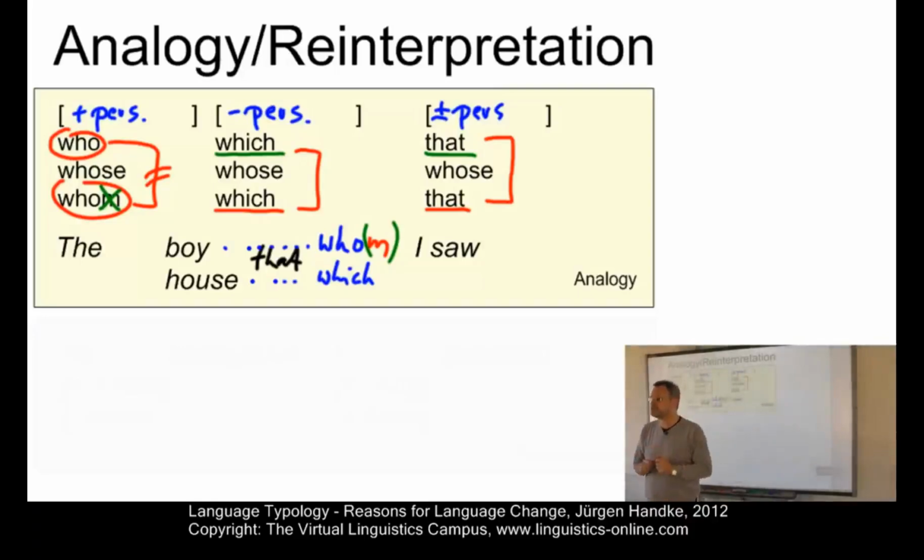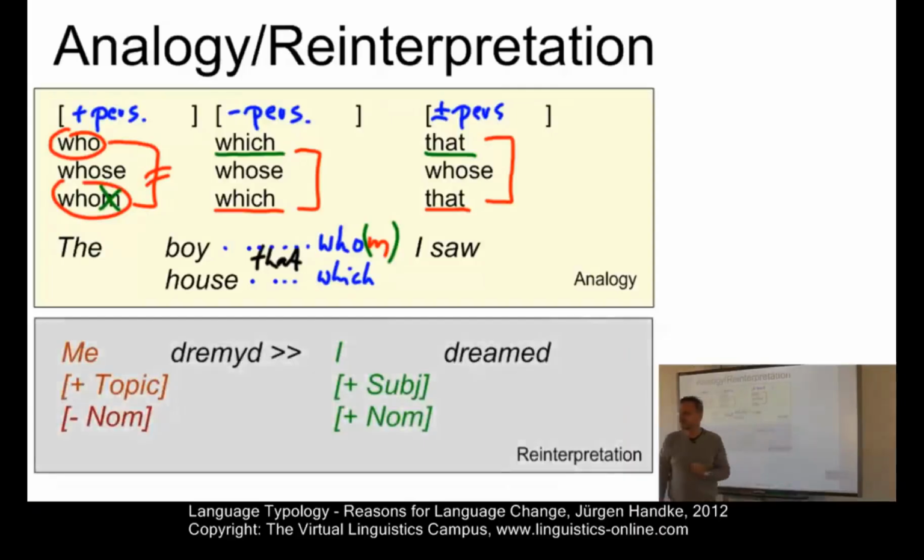Closely related to the process of analogy is the mechanism of reinterpretation, a type of change that primarily applies to changes in syntax. In Middle English, for example, we had the so-called impersonal constructions where there was no overt subject.